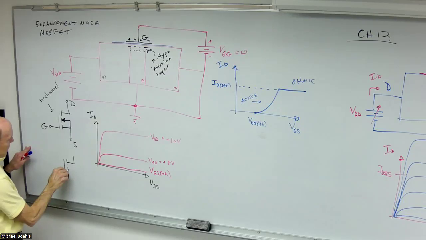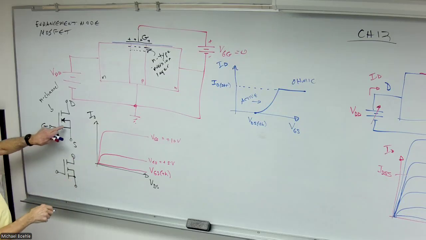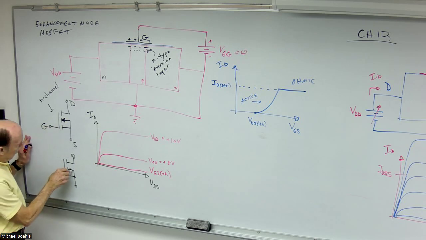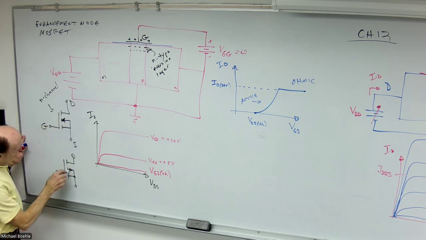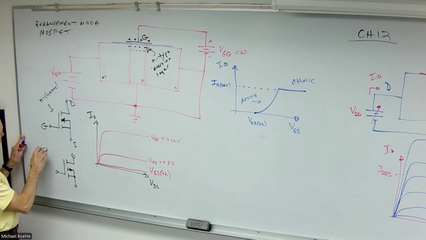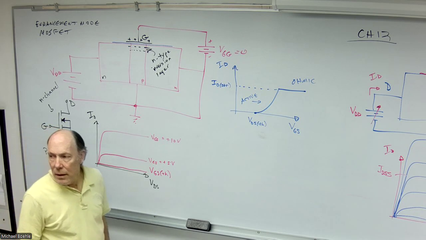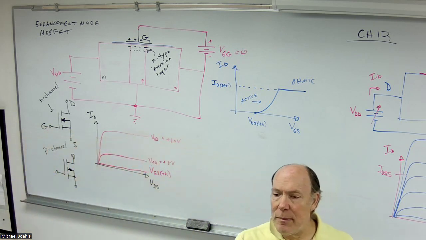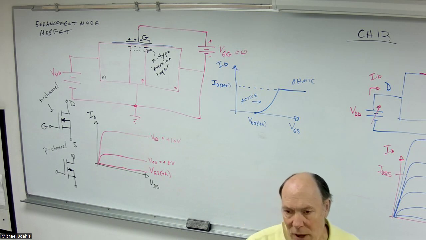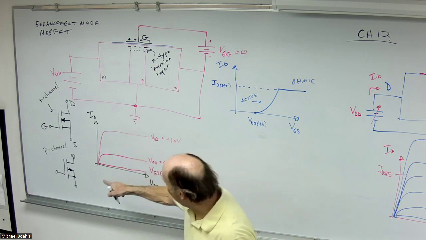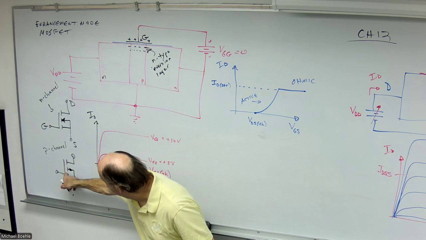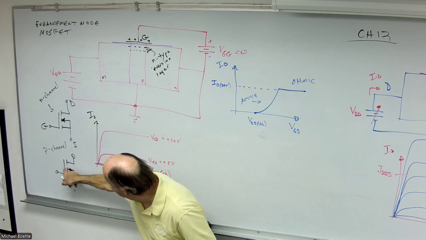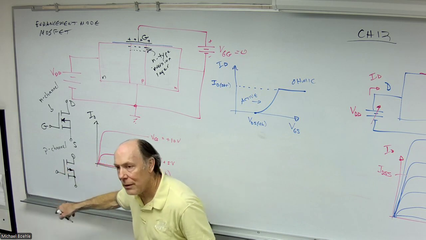The difference between the two is just which way that arrow is pointing. So when the arrow is pointing out, that's a P channel enhancement mode MOSFET. The difference in the schematic symbol between enhancement mode and depletion mode MOSFET is right here. See how there's a break between there?